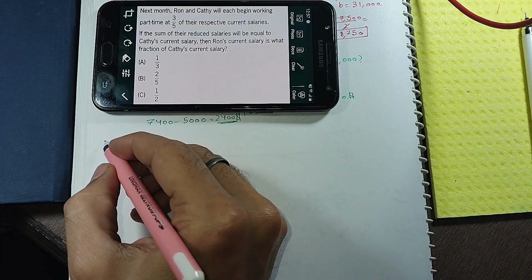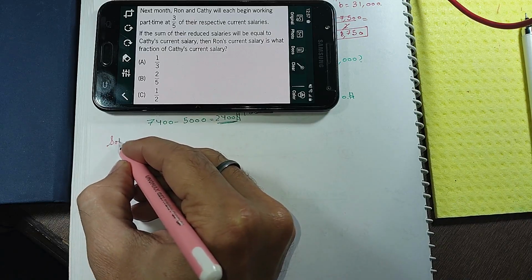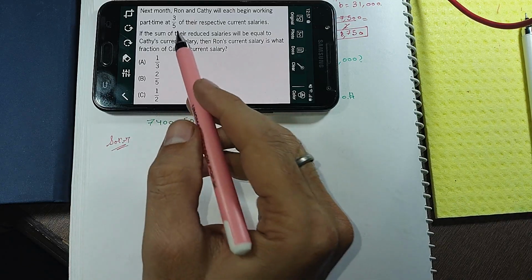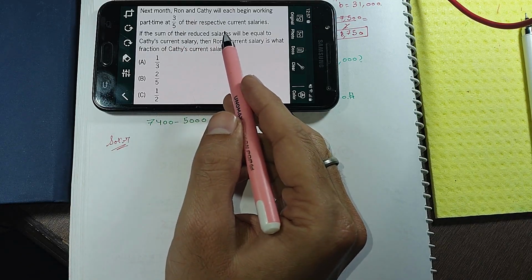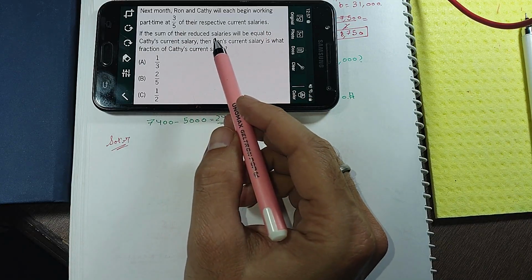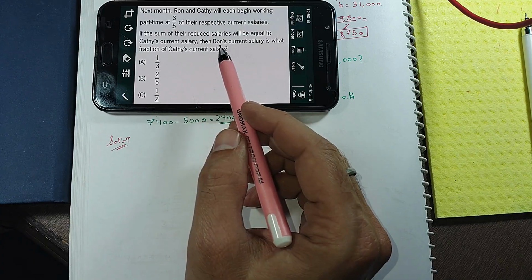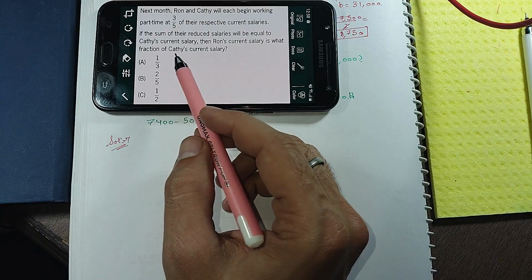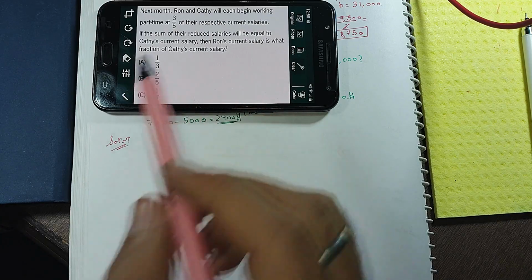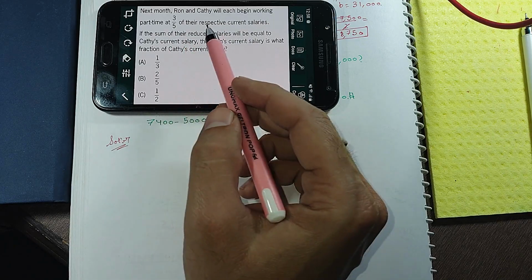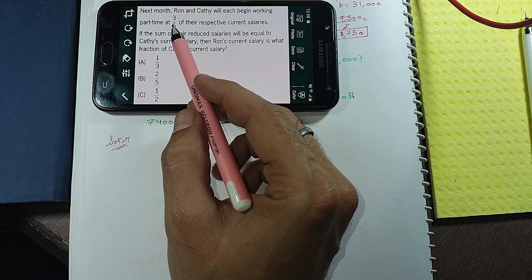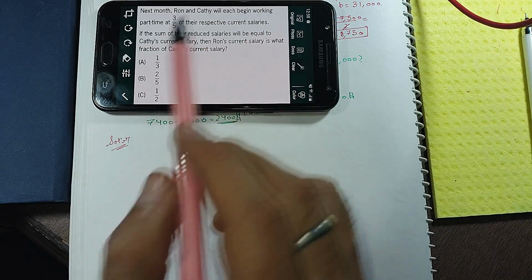Next month, Ron and Kathy will each begin working part-time at 3 by 5 of their respective current salary. If the sum of their reduced salaries will be equal to Kathy's current salary, then Ron's current salary is what fraction of Kathy's current salary? So the question says that from next month their salaries have been reduced to 3 by 5 of their respective current salaries.